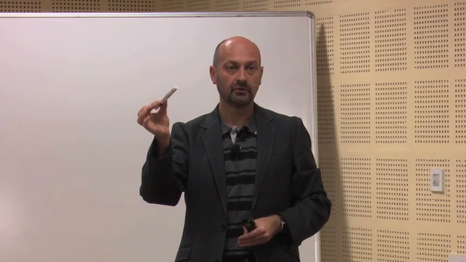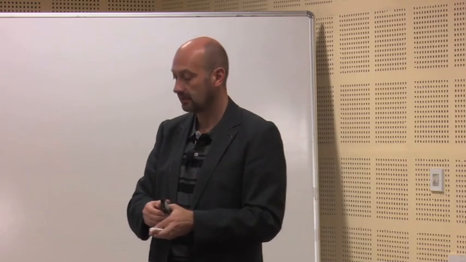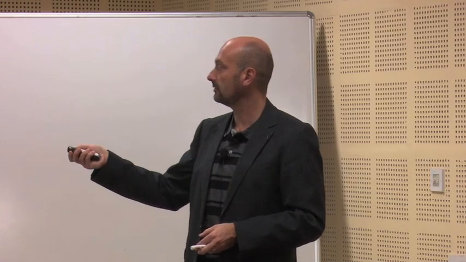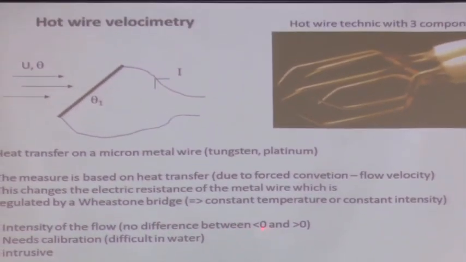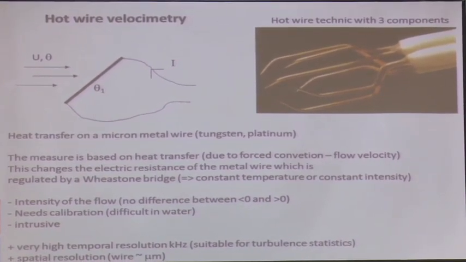The heat transfer is the same actually. So the quantity of heat which is released does not depend on the direction of the flow. This is the main drawback of this measurement technique: you are not able to discriminate the sign of the velocity or even the direction of the velocity.